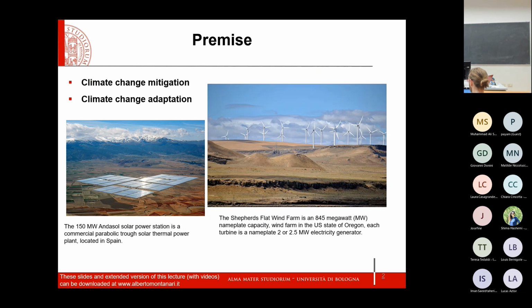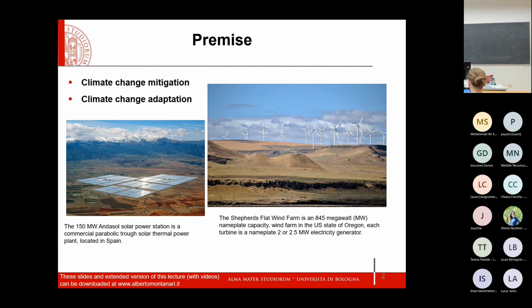We want to adapt to an impact caused by climate change, but any intervention that we make has side effects. We cannot identify a solution that is only positive. The side effect may be that the solution is not very efficient, or the side effect may be like in the case of the solar panels that you see here, the loss of land.